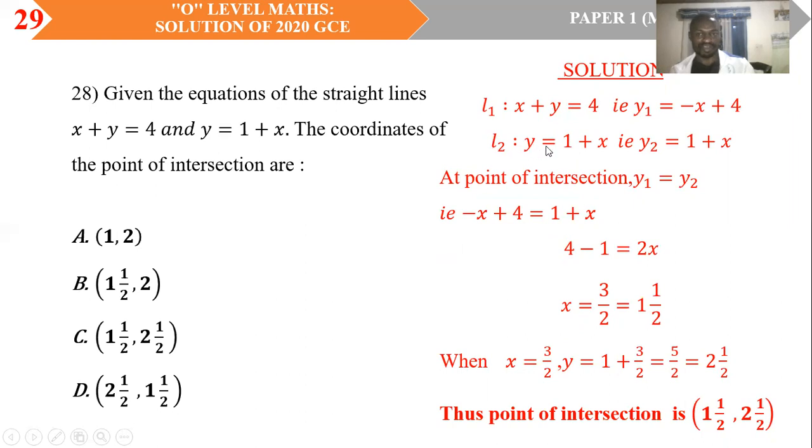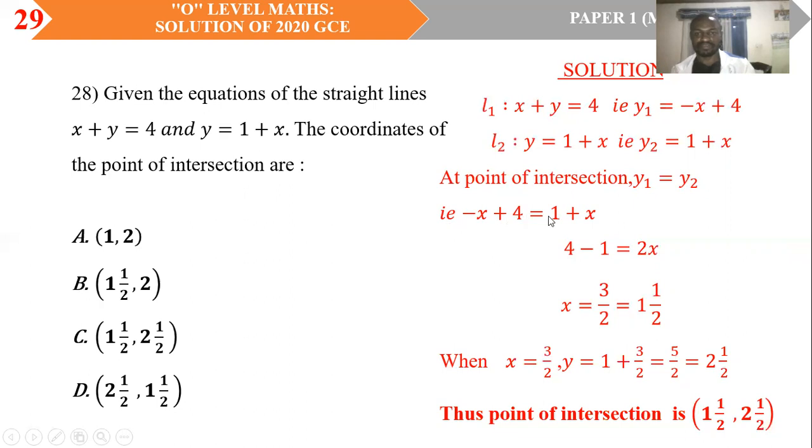L2 is such that y is equal to 1 plus x, that is, y2 is 1 plus x. At the point of intersection, y1 is equal to y2. So the equations of the two lines are the same at the point of intersection. That is why we need to equate them.